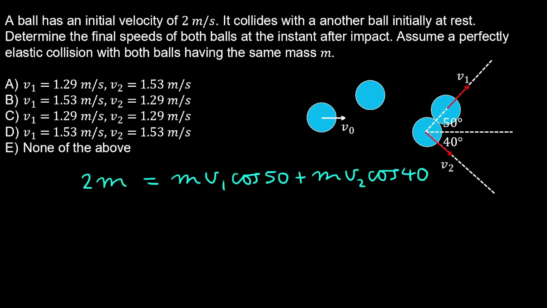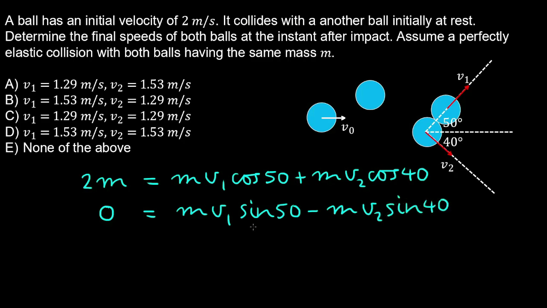And a conservation of momentum in the vertical direction gives 0 for the initial momentum, and that's equal to mv1 by sine 50 degrees minus mv2 by sine 40 degrees. So from the second equation, we can solve for v2, which is equal to 1.192 v1.